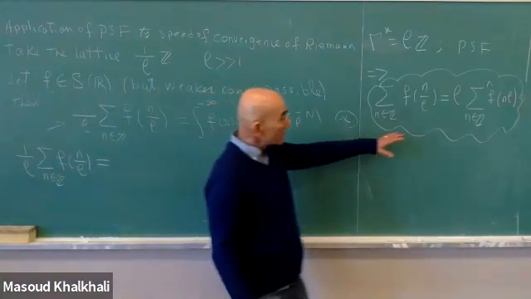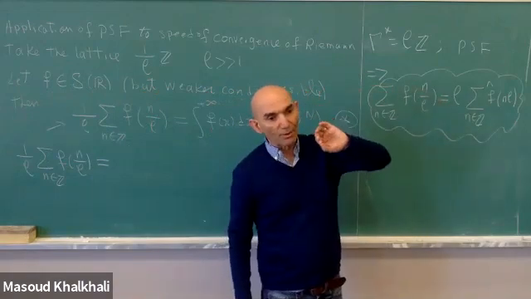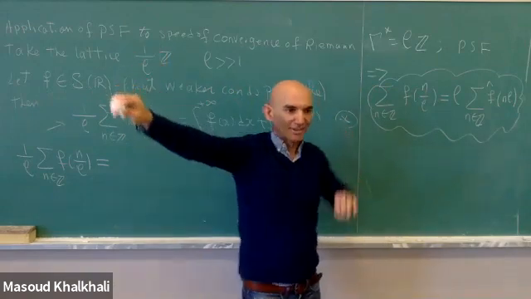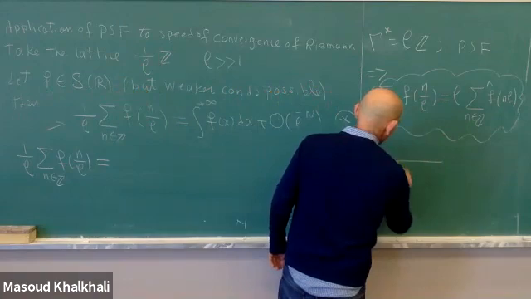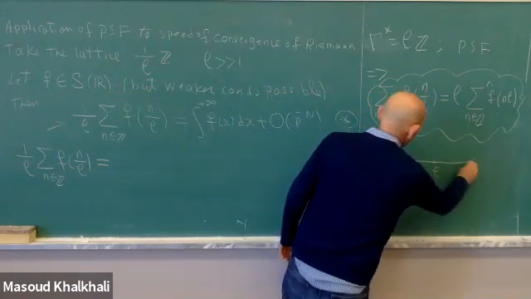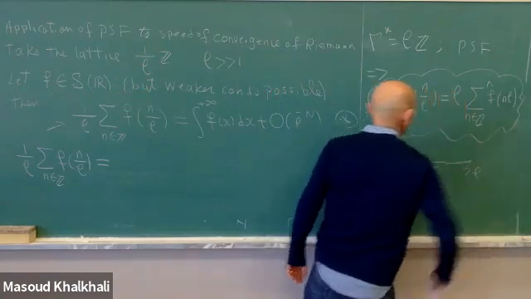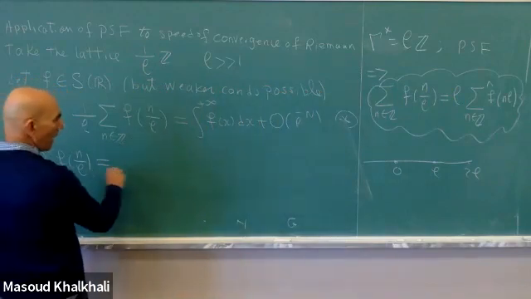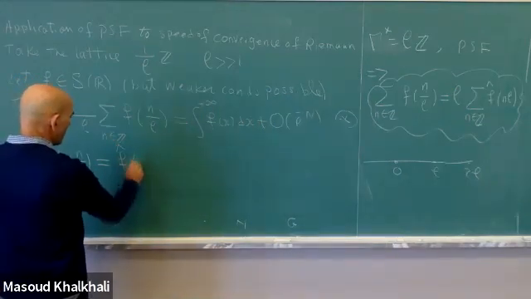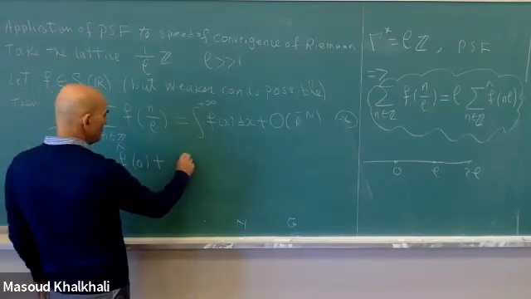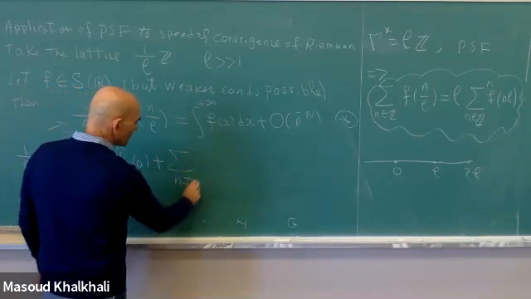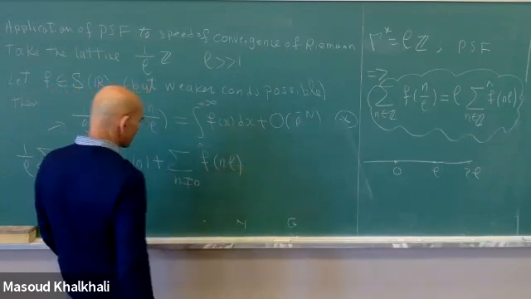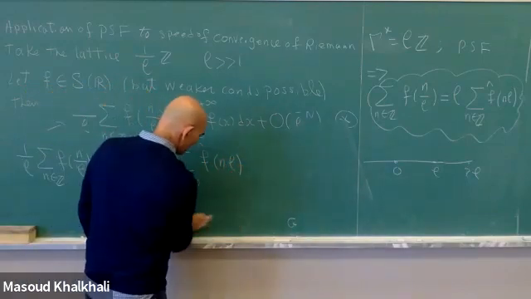Now, the right-hand side is very interesting. There is the point 0, but other lattice points get further and further away from the origin. So there is this 0, and there is L and then 2L, and they go to infinity fast enough. So this is equal to f hat at 0 plus the sum over n different from 0 of f hat of nL.